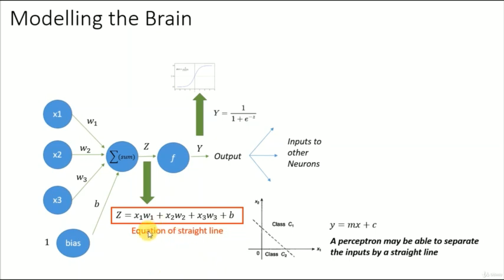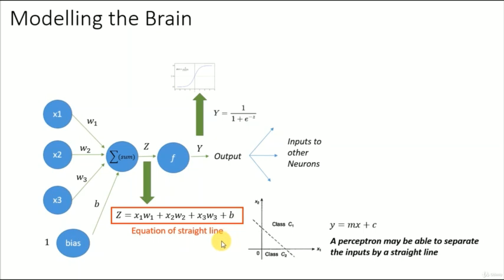But if we only have one feature, we'll have z equals x1 w1 plus b. So in this case, x1 here is x, w1 here is m, and c is b. So this is when we have one feature, but here we have three features, so we have this equation right here. So this is the equation of a straight line at the end.